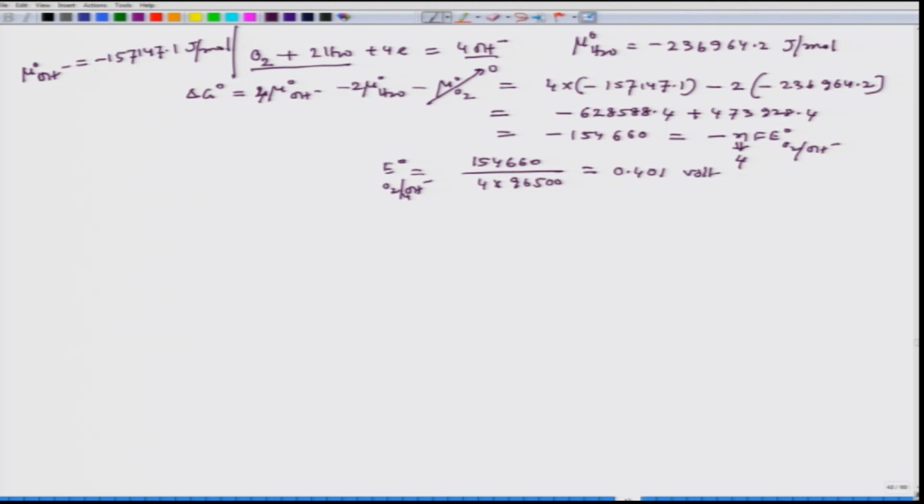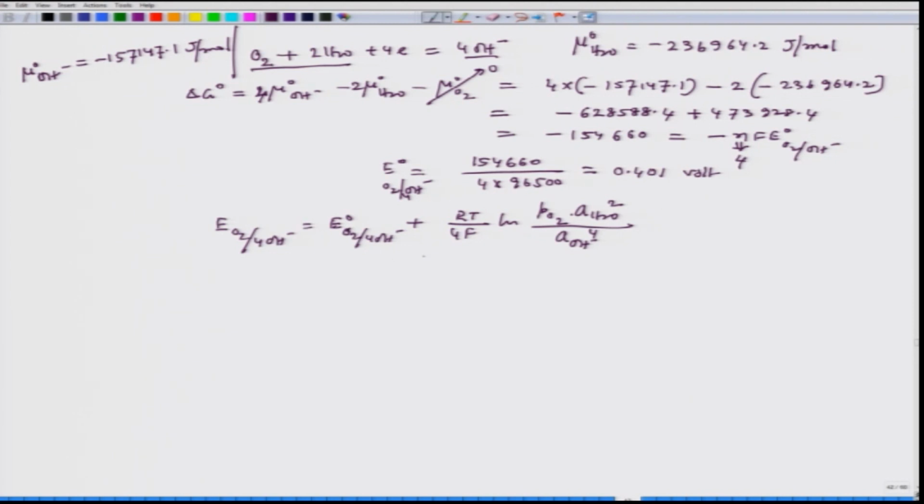So, we get this, and also if we try to write the Nernst equation, we can write RT by 4F ln activity. Instead of activity, in case of oxygen we can write PO2, then we can write activity of H2O 2 divided by activity of OH minus to the power 4.